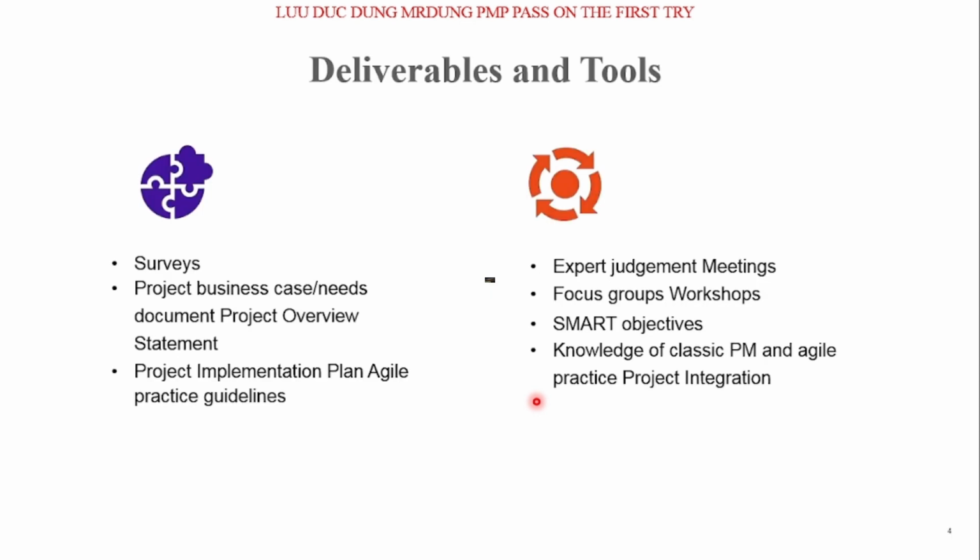For the deliverables and tools, we have 3 deliverables and 4 tools. The deliverables are survey, project use case document, project overview statement, and project implementation plan, design practice analysis.